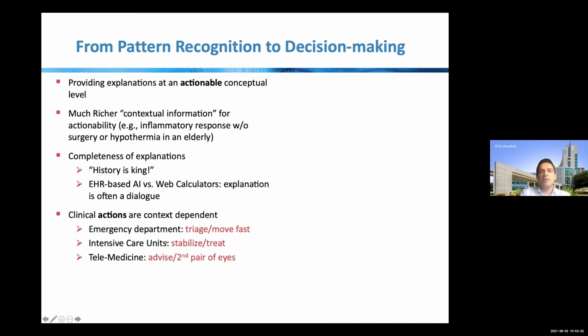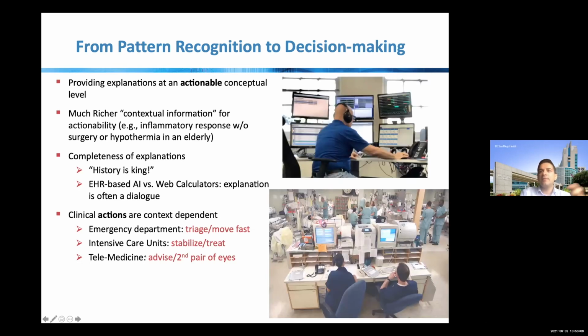Within the ICU, you are thinking about something else: you want to stabilize the patient and treat them. In a tele-ICU setting, the objective is to advise and provide a second pair of eyes. Depending on the context, you may or may not care about interpretability, and you may look for different types of clues.